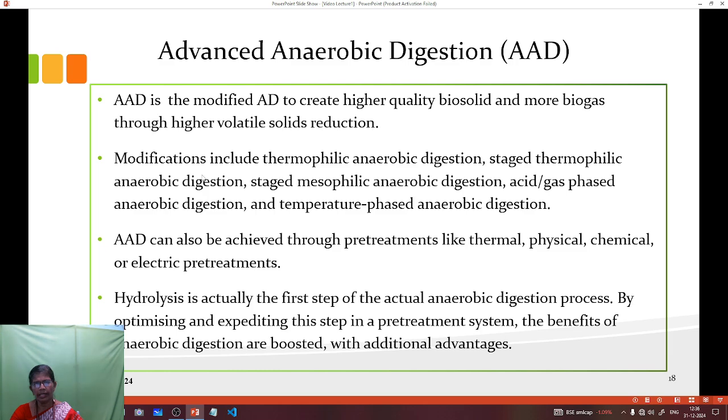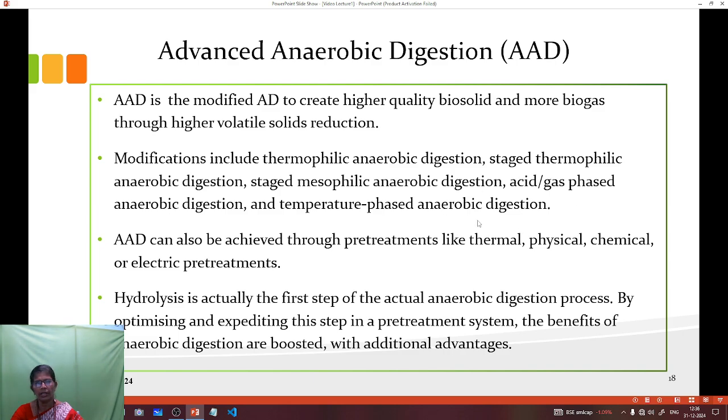The modifications include the thermophilic type, where we add some heat, staged thermophilic anaerobic digestion, staged mesophilic anaerobic digestion, acid gas phased anaerobic digestion, that is different phases for acid and gas, and temperature phased anaerobic digestion.